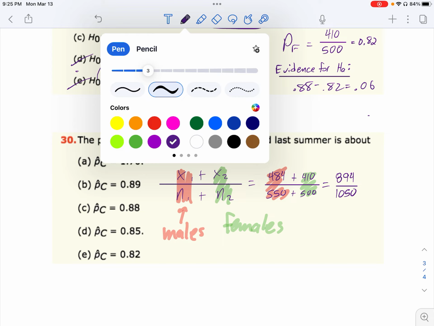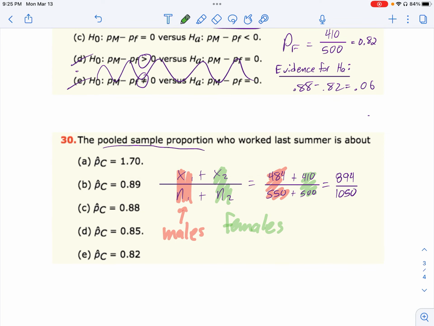So all total, it looks like we had 894 that had a job out of 1,050. And when you divide those, that is going to be, no, sorry, that's going to be D. It's about 85%.